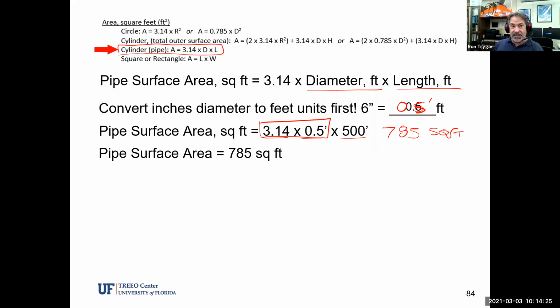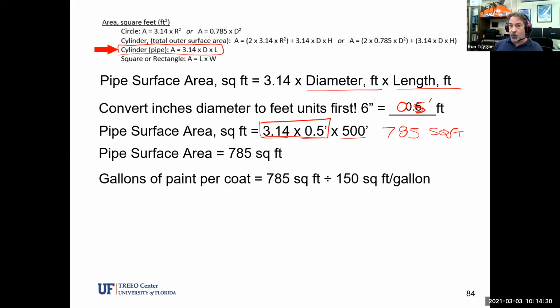Now, the next thing is to figure out the gallons of paint. Gallons of paint per one coat. In this particular case, remember that we're given 150 square feet per 1 gallon of paint, and we have 785 total square feet. We're going to have to divide to break this down into its smaller components.